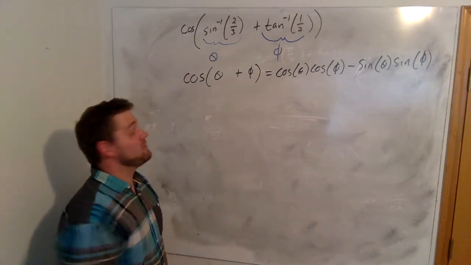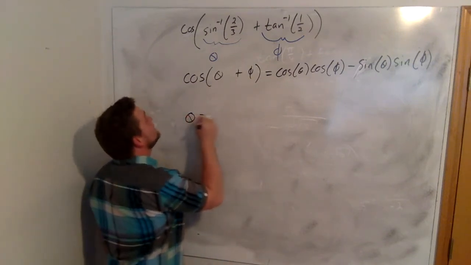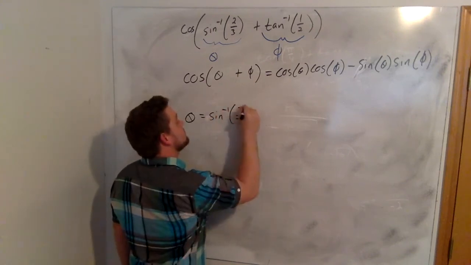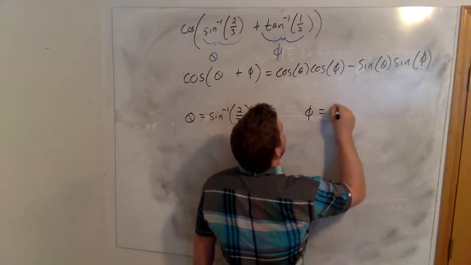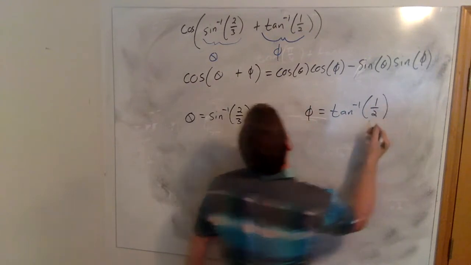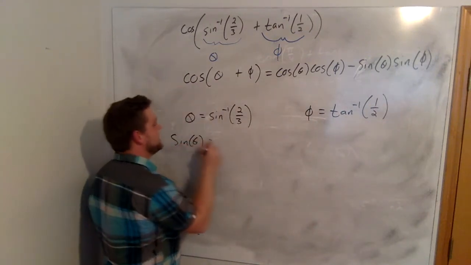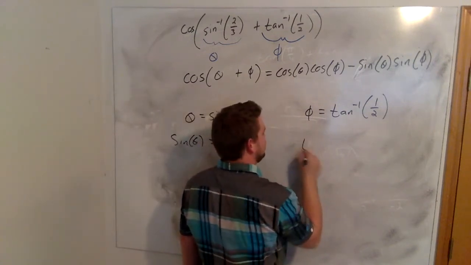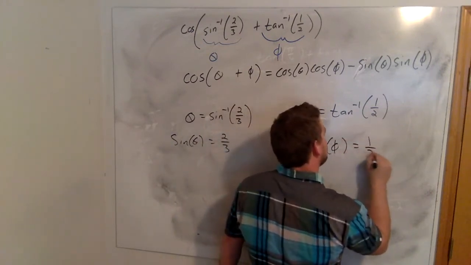We're going to get all that information by knowing that theta is equal to the sine inverse of 2/3, and also that phi is equal to the tan inverse of 1/2. So we have that sine of theta is equal to 2/3, and that the tangent of phi is equal to 1/2.